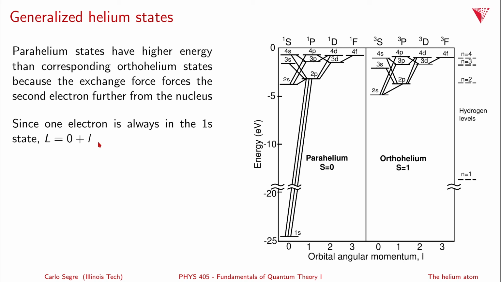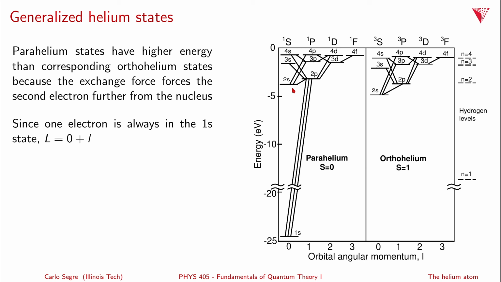So one electron is always in the 1s state. So the total L, which is described here in the term symbols, is equal to 0 plus whatever L of the second electron is. So let's imagine we have the second electron in the 2s state.